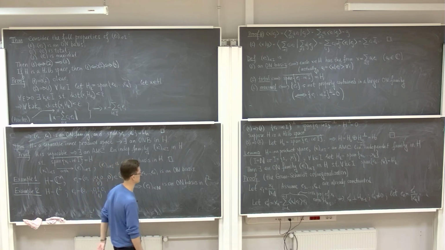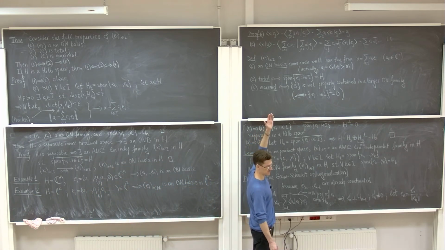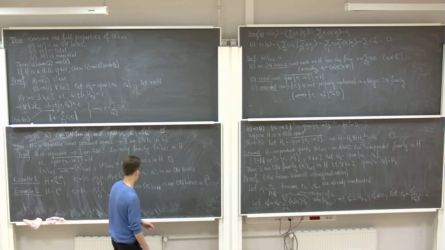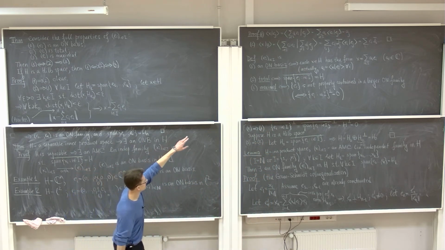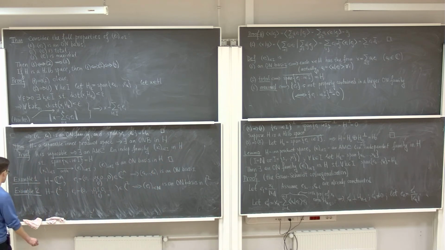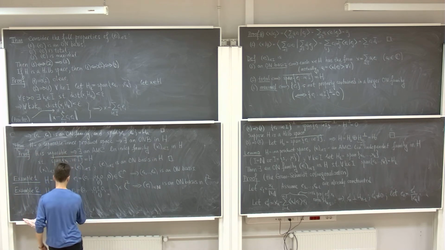So it is maximal. And it is also very easy to see that it is total and that it is an orthonormal basis in the sense of condition 1. Okay, but this is an orthonormal basis, but it is not an algebraic basis.